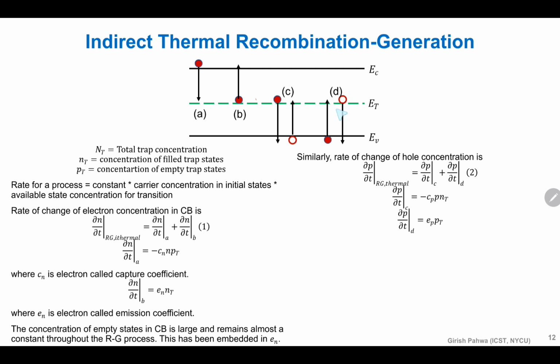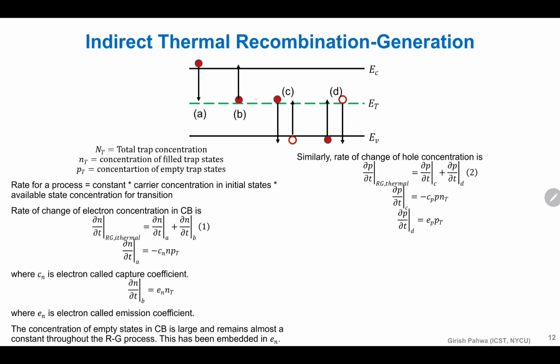Let's talk about the process D. In process D, a hole comes from ET to EV, or an electron is going from here to here. Now, what will this rate depend on? There are a lot of electrons in the valence band.